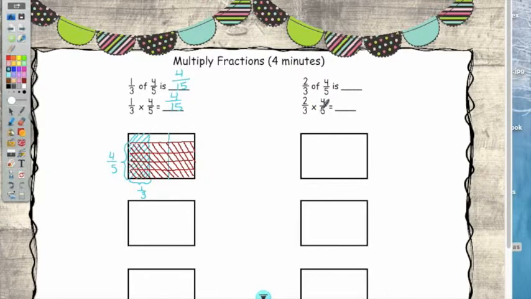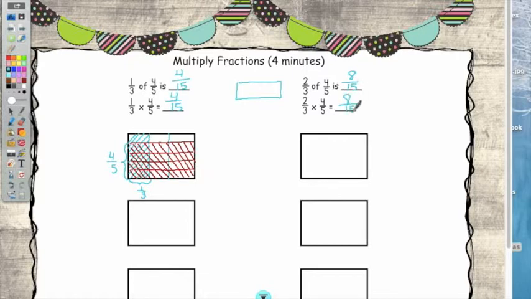We could show it on a tape diagram, but we're not going to. We could show it on an area model, just for the fun of it. Or we could just multiply straight across.